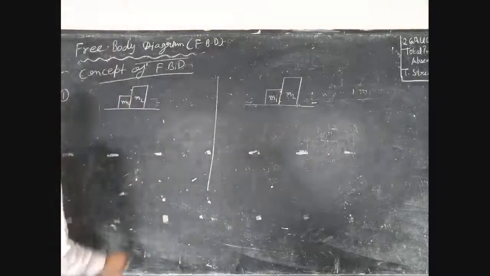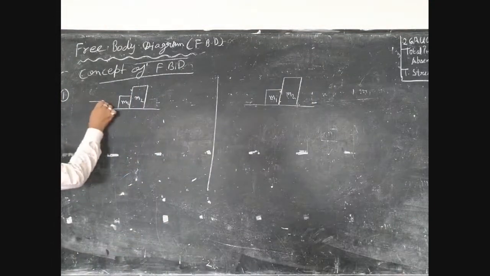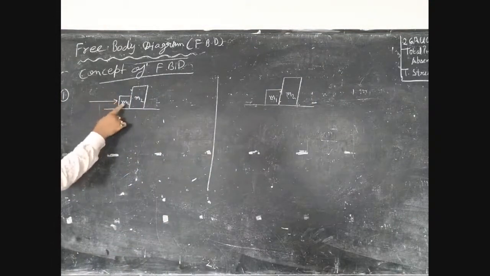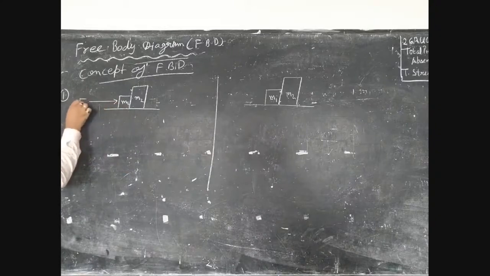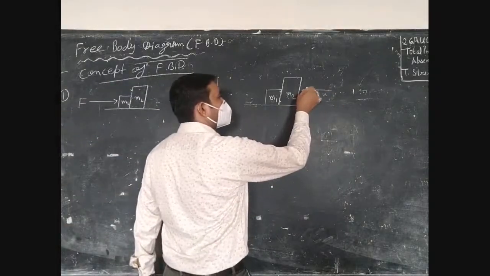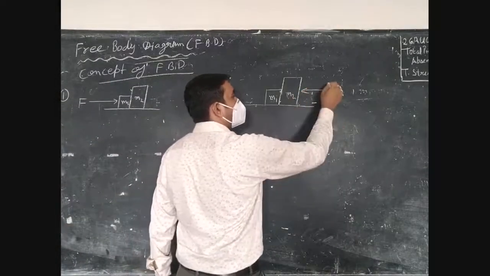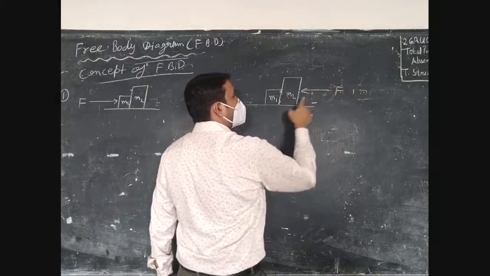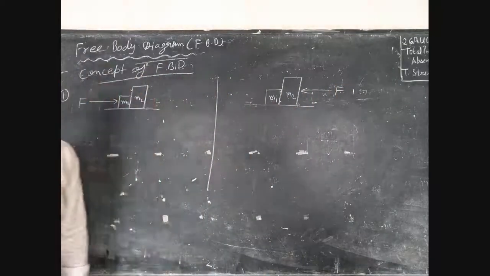In the first case, the force is applied on the block of mass m1. And in the second case, the force is applied on the block of mass m2. Clear?